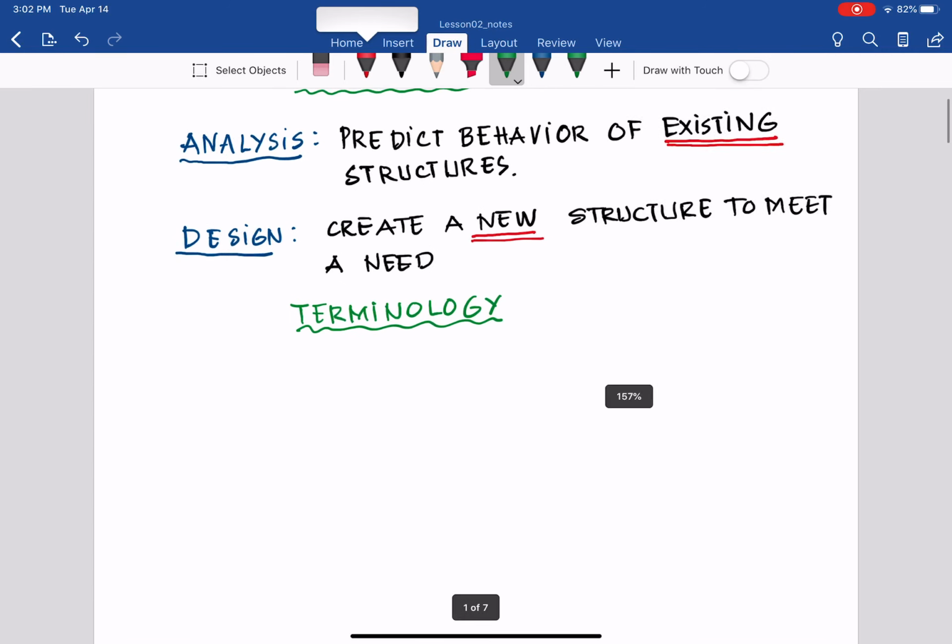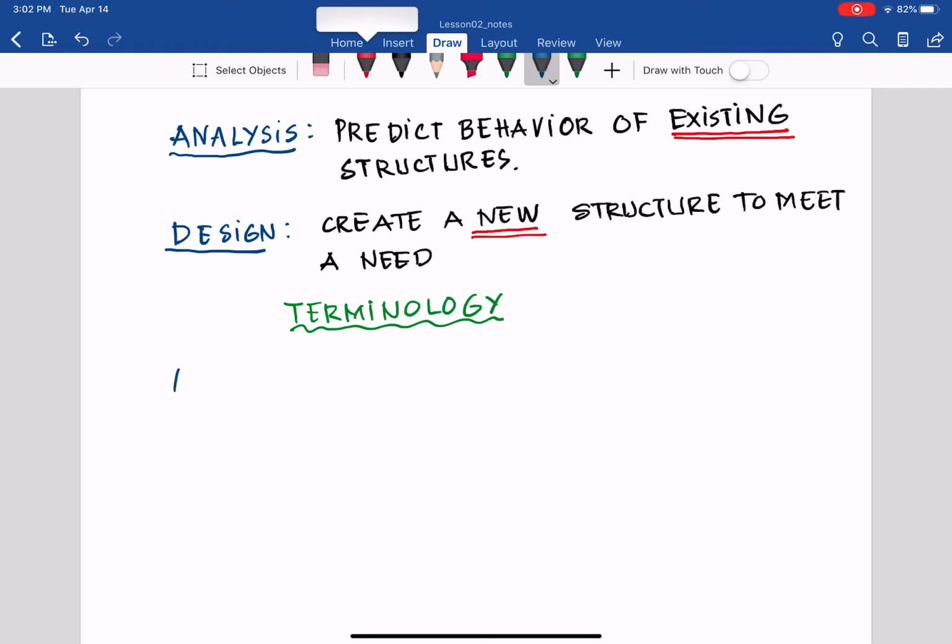A few terminologies. The first one is the actual level. What is actual?